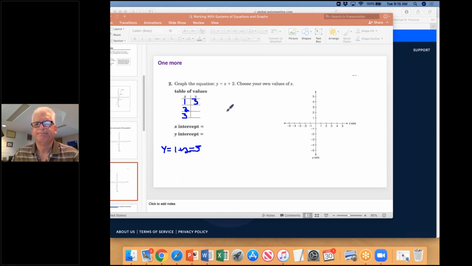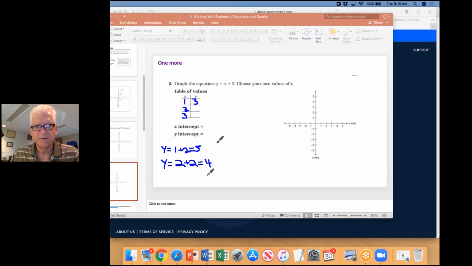Okay. Next, I'm going to plug in the x value of 2 into the same equation. I'll have y equals 2 plus 2. So the next y value is 4.